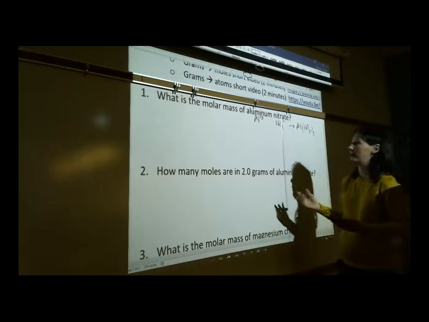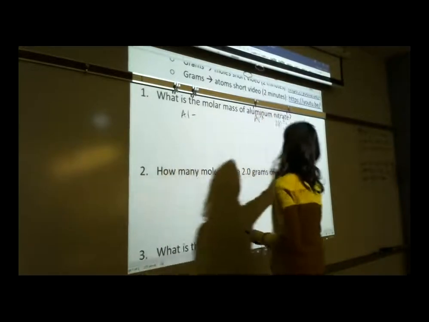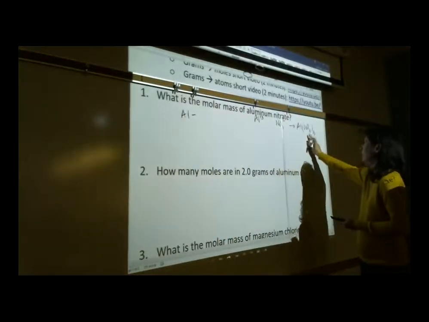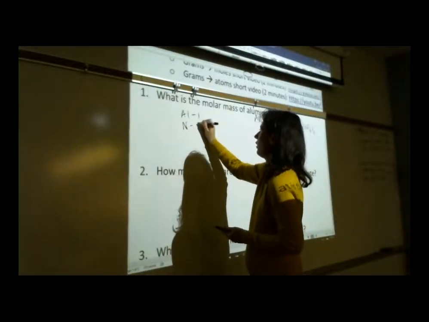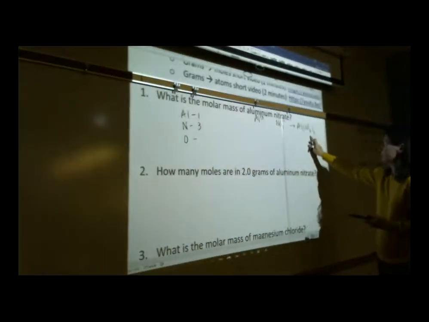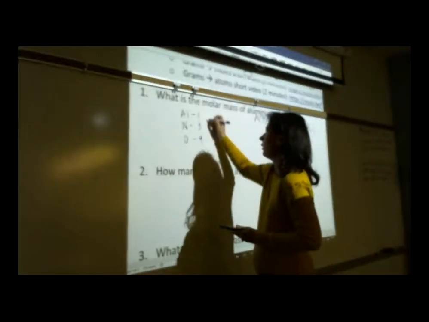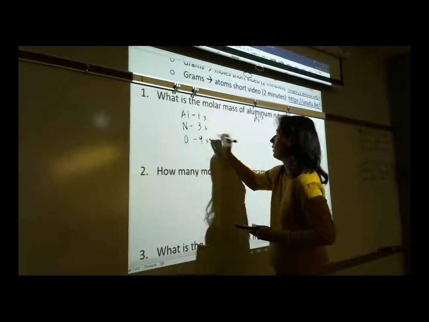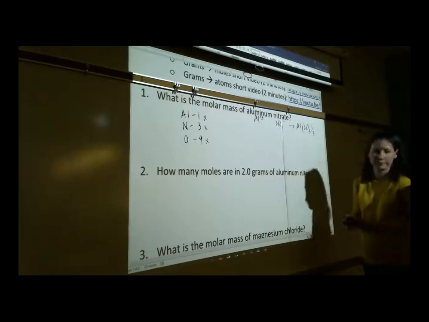So that means that when we're calculating the molar mass, we need the mass of aluminum plus, we have to distribute this 3. Plus, so there's 1 for nitrogen, there are 3, and for oxygen, there are how many? 3 times 3? 9, right? You have to distribute this 3 just like in algebra, right? 3 times 1 is 3, 3 times 3 is 9, and then there's just 1 aluminum.